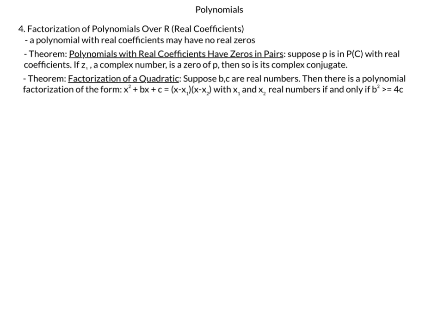We have this next theorem, factorization of a quadratic, x squared plus bx plus c. Suppose b and c are real numbers. Then there's a polynomial factorization of x squared plus bx plus c equal to x minus x1, x minus x2, where x1 and x2 are real numbers. This is key: if and only if b squared is greater than or equal to 4c.